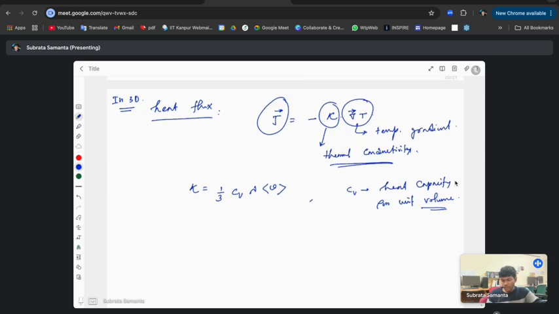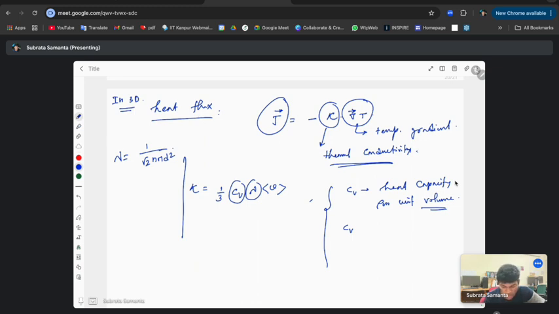Cv again depends on n, because your lambda depends on n, the number density of the pressure. If you write down lambda, it is basically 1/√2 n π d squared. But Cv also depends on n.